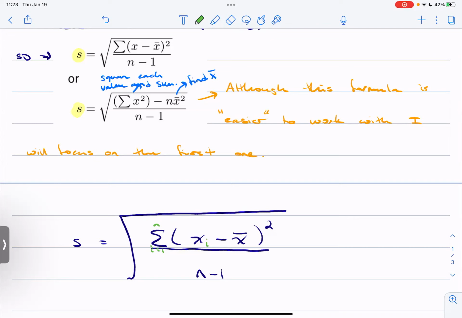The square is a parabola, right? And so it has this added effect of amplifying large distances. If x1 is 1 unit away from the mean, in either direction, it doesn't matter, then 1 squared is just 1.